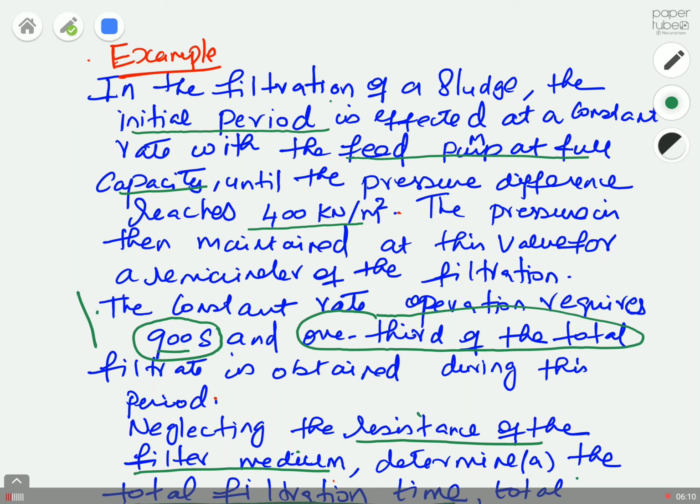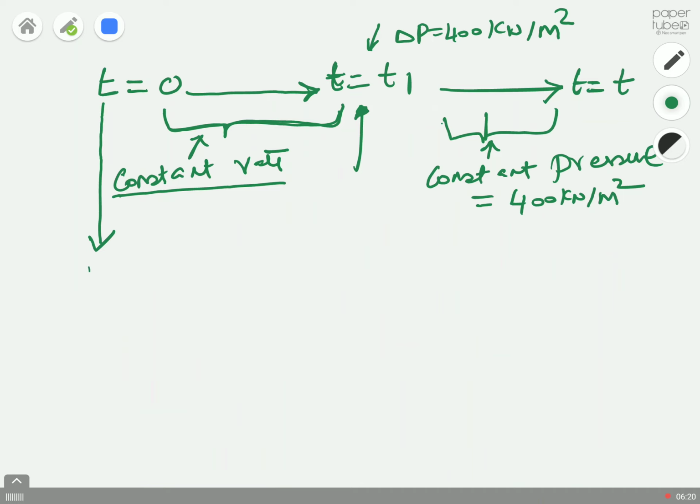If you want, we can write it, or maybe draw some figures to understand it a bit more easily. So when time t equal to 0, let's say Vf, volume of filtrate, should be equal to 0. And then when time reaches t equal to t1, that's the constant rate period, your volume, let's call it V1 for the beginning.